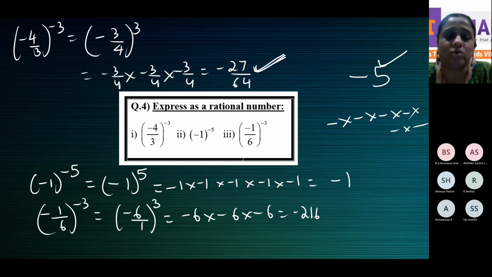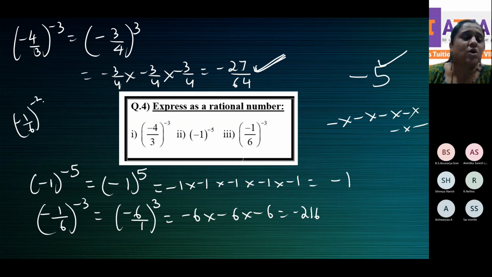If at all you have a doubt, why we have to write the equivalent? Why don't we find the value as it is? Say in the last one, we have to find the value of minus 1 by 6 to the power minus 3. Why don't we find it straight away? Why should we write its equivalent? To find the value of an expression in the exponential notation, the power has to be positive.